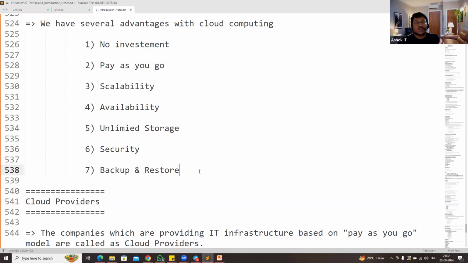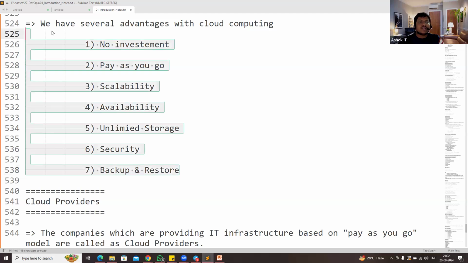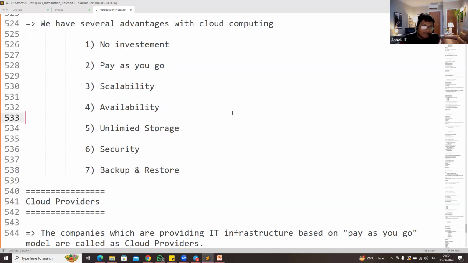How much data you want to store, that much you can store. For your data, they provide security, backup will be available, and a restoring facility also will be available. Because of these advantages, from small scale companies to big MNCs, all are using cloud computing.